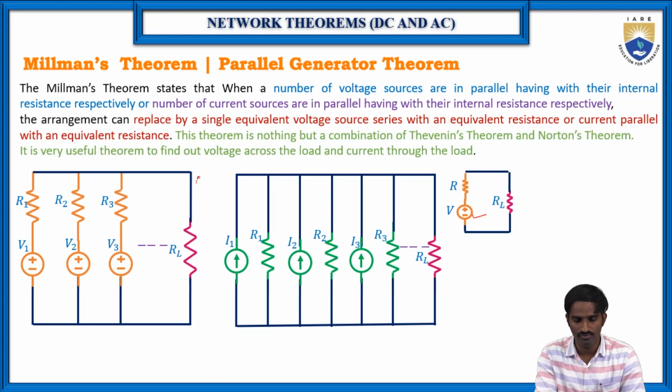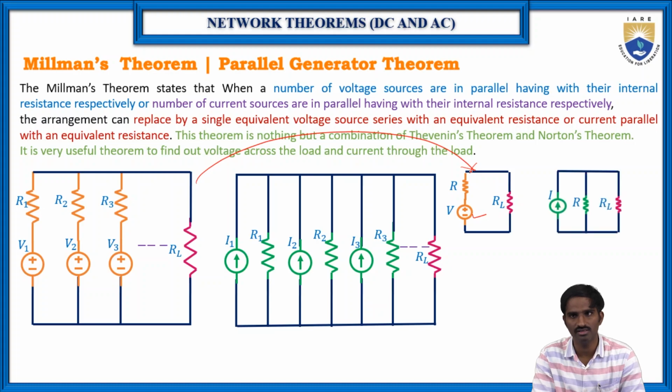Then similarly, if you go for the current sources in parallel, this circuit can be replaced like this: the equivalent current source, the equivalent resistance and the load resistance are all connected in parallel.